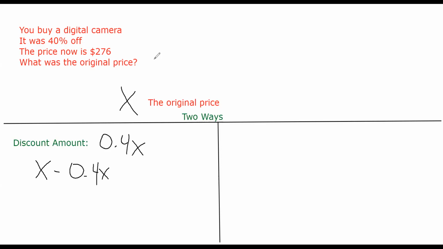So that is subtraction here, with a decimal point. What this quantity gives us is the actual amount we're spending on the camera after the discount, and that's supposed to come out to 276 because the problem provided us with that.